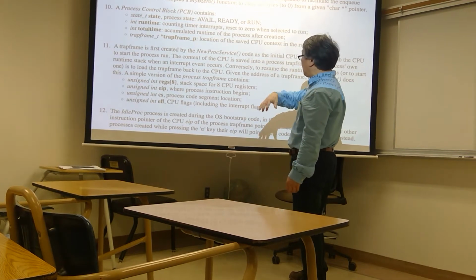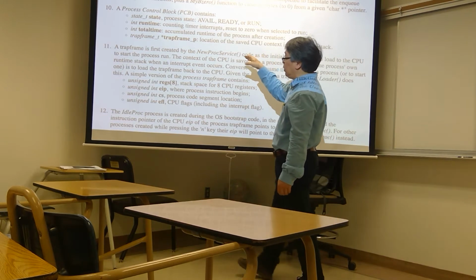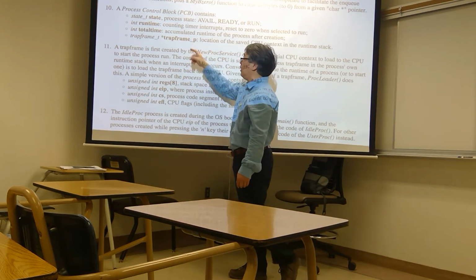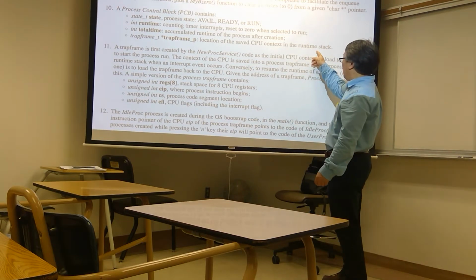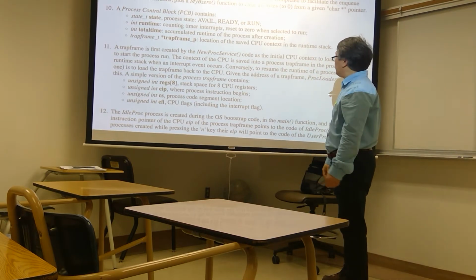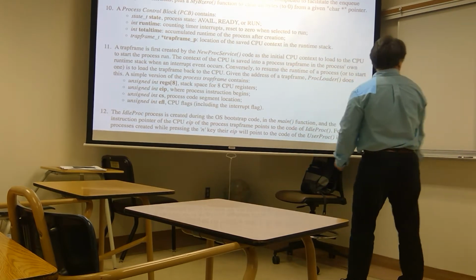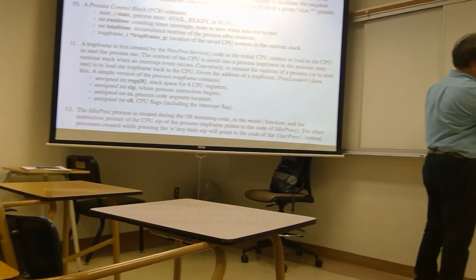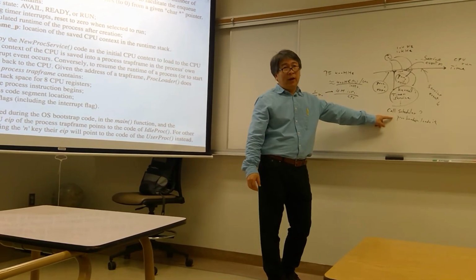So we save the CPU context into a trap frame inside the runtime stack. The pointer to that place is here in the PCB. The actual place for the trap frame is in the runtime stack. So this can be reloaded back to the CPU. The process loader can load the trap frame back to resume the runtime for that process.